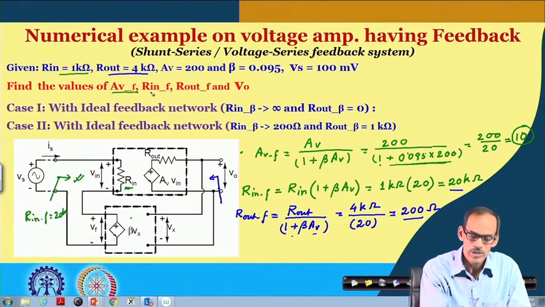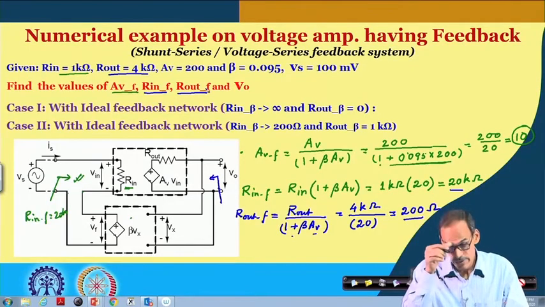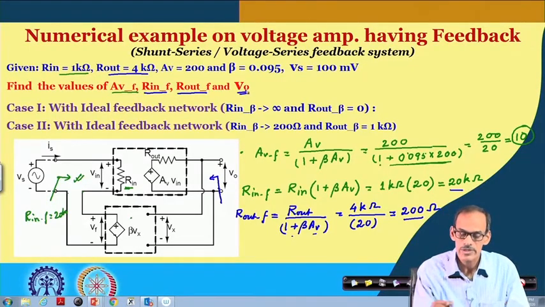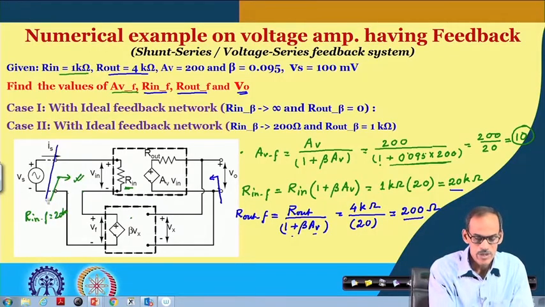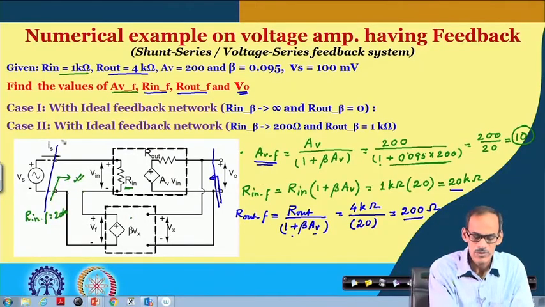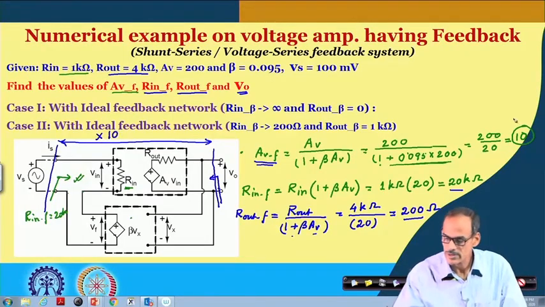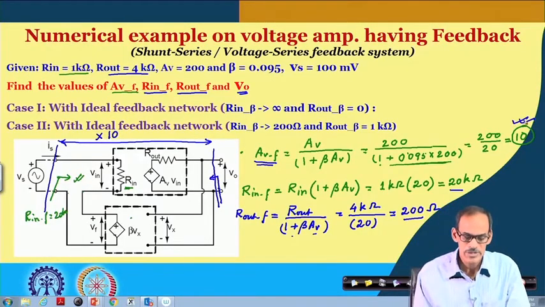So, now we obtain the input resistance of the feedback system, the output resistance of the feedback system, and the next thing is what the output voltage is. It is very straightforward. From here to here, the gain we obtain is AVF. So, here to here the gain is 10. So, it is a very simple situation.